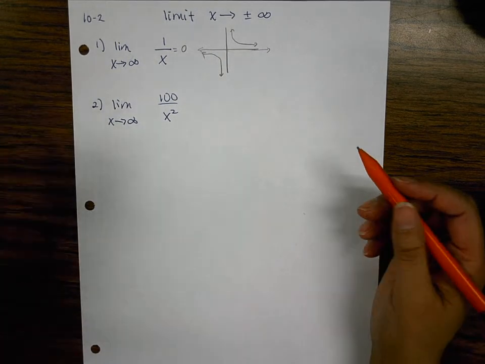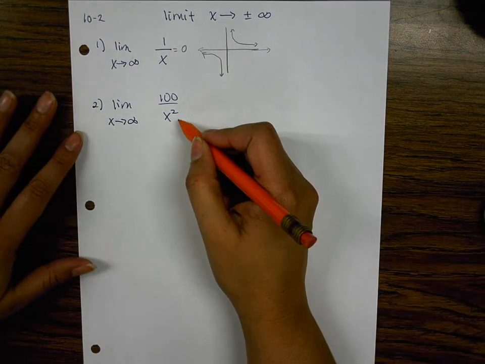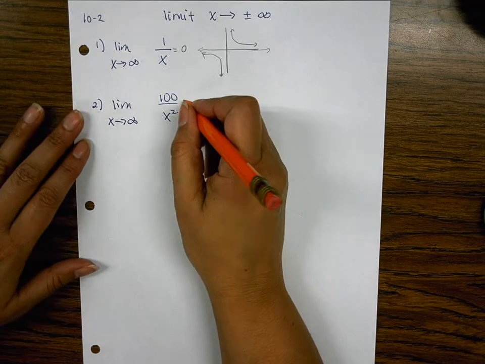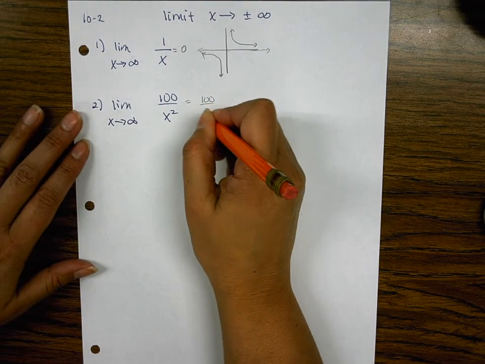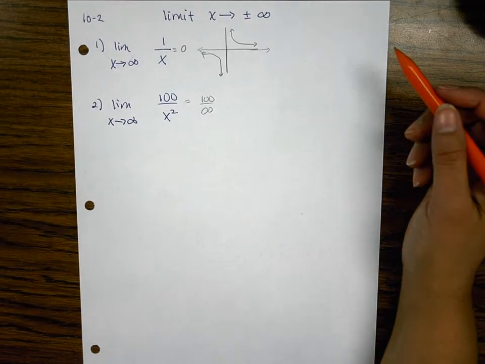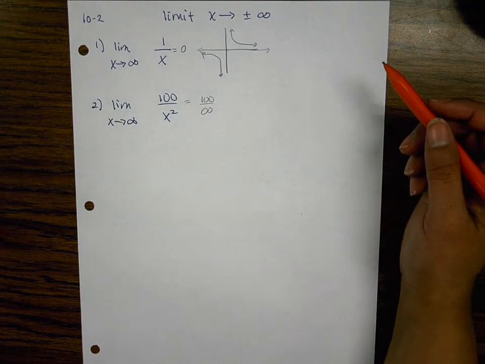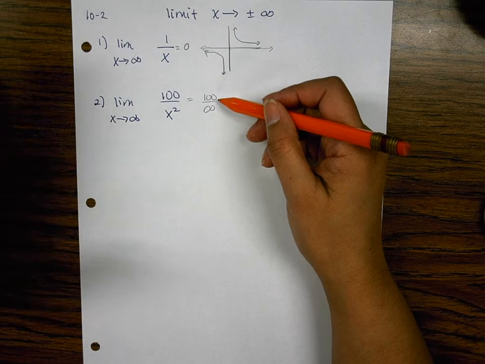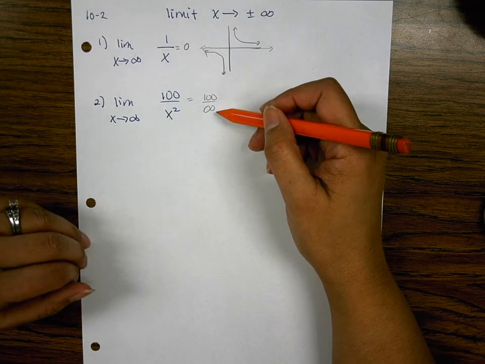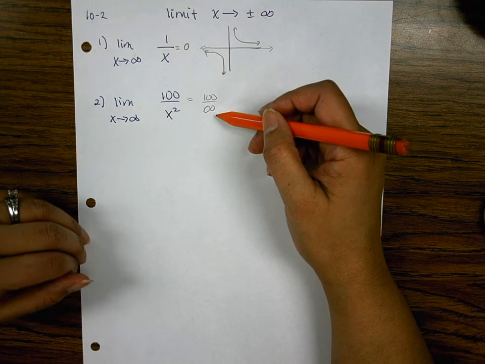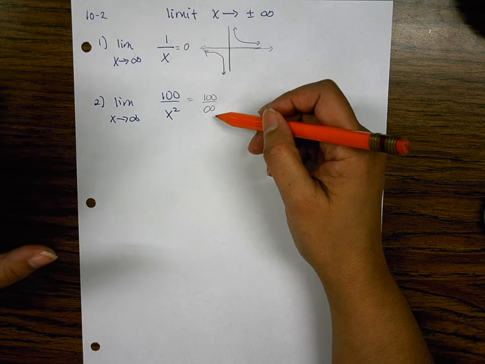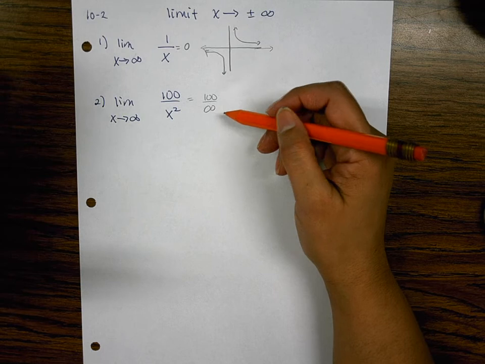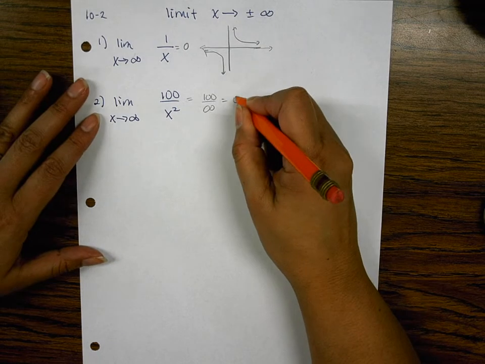Think of us plugging it in. 100 over infinity squared is 100 over infinity. Infinity squared is still infinity. If you had $100, $100 is a good amount of money, but if you divided it amongst an infinite amount of people, not a million people, not even a billion people, you're going to end up with pretty much nothing, right?